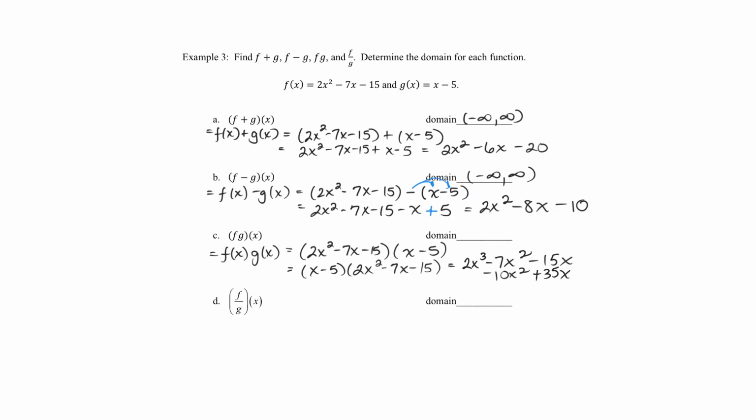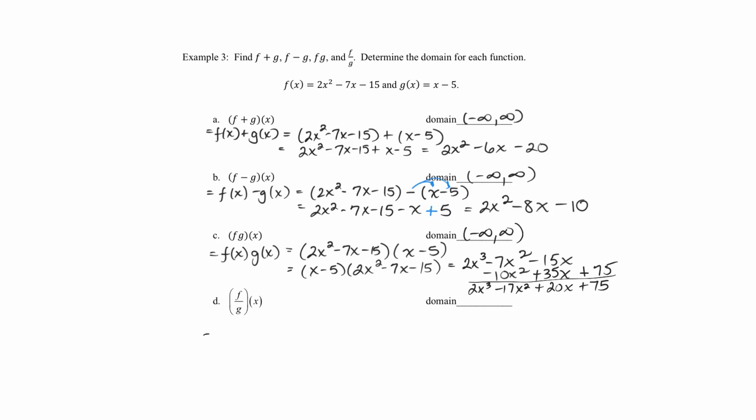And then negative 5 times negative 15 is plus 75. So I'm going to end up with 2x cubed minus 17x squared plus 20x plus 75. And of course, it's another polynomial, so my domain is all real numbers.